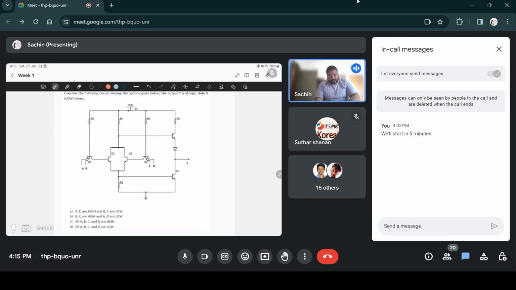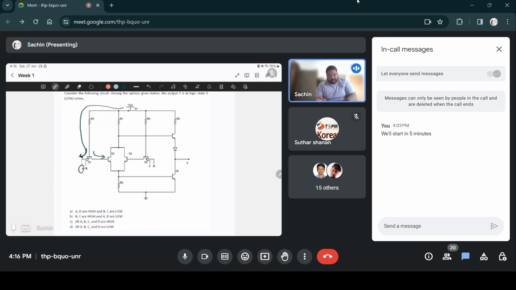If you think about the situation just in terms of electronics, then let's say one of these inputs, A, is low. If A is low, what will happen? This base-emitter junction is on, so all the current will flow from this VCC in this path. No current will flow in this path.